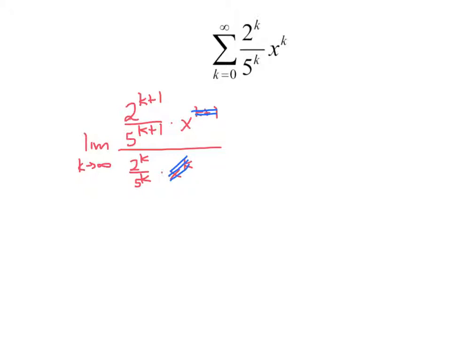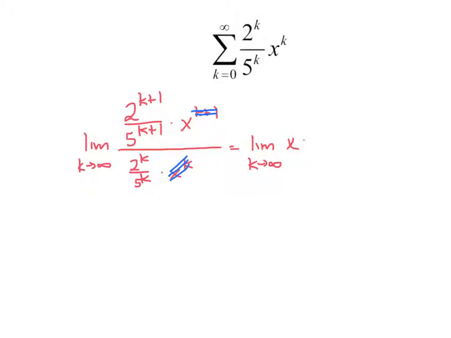Now, things with an x, we like to just pull out front. I'm going to wait just a second and also evaluate and simplify the rest. So this will become, I'm going to put the x up front.